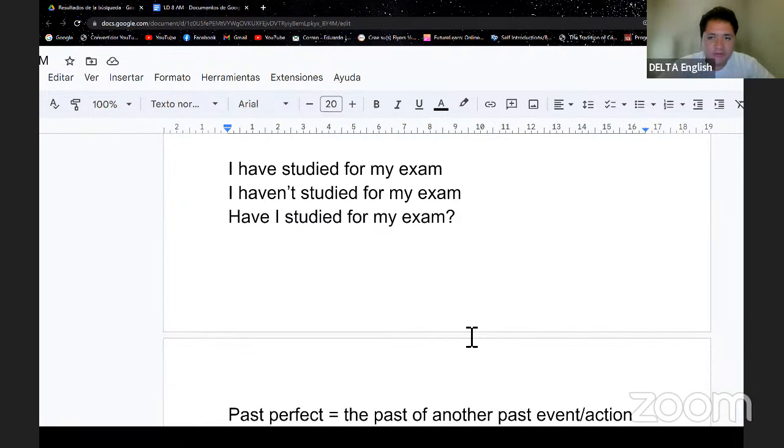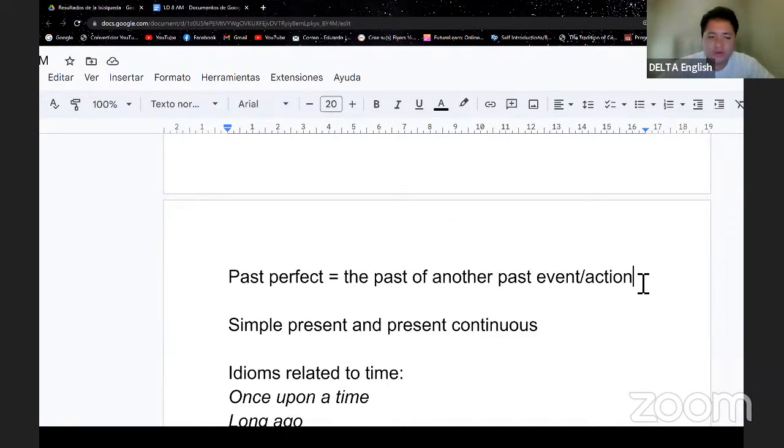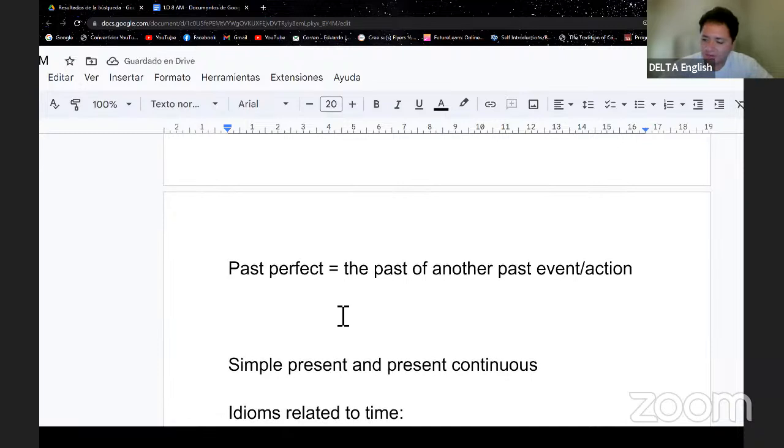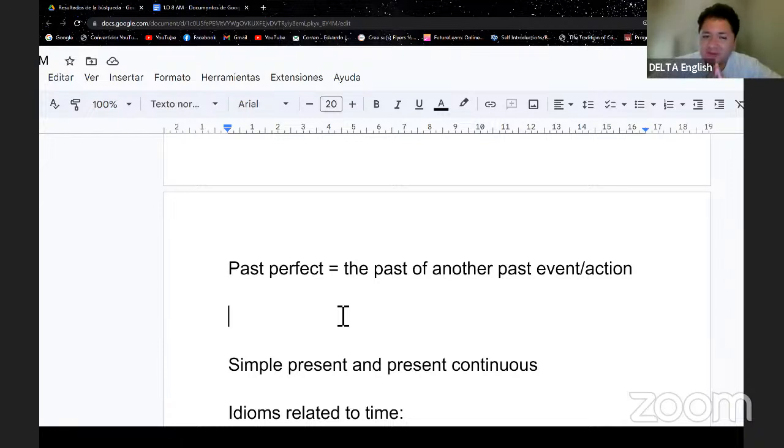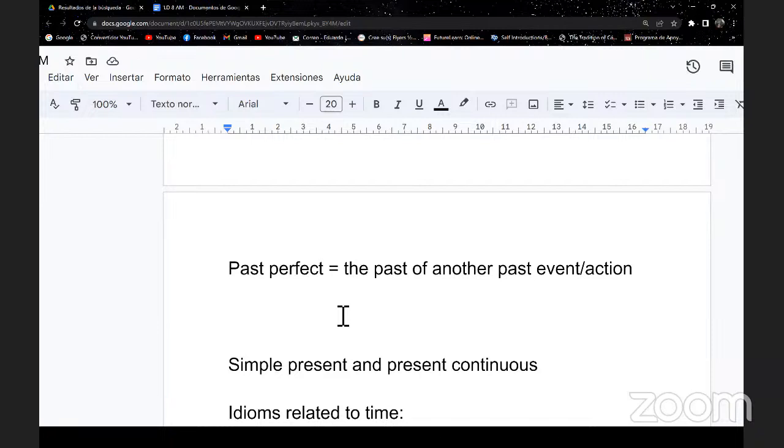Very well. And finally, Miguel, help us with some examples for the past perfect. I was interested in. Okay, here we have the thing. Remember, past perfect, auxiliary verb. What is the auxiliary verb of the past perfect? Had. I had interested.